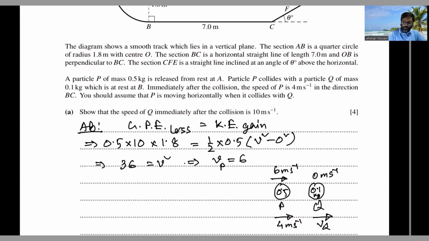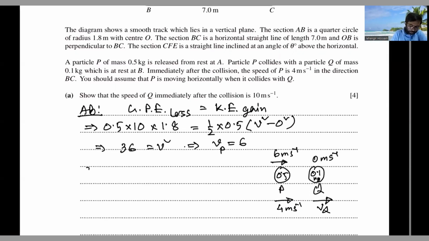Let's call it q. If we apply conservation of linear momentum here, the sum of momentum before collision is 0.5 times 6 plus 0.1 times 0, equal to 0.5. All of them are moving in the same direction, so all the velocities are positive.